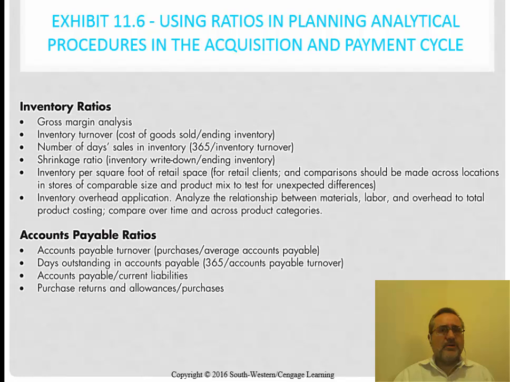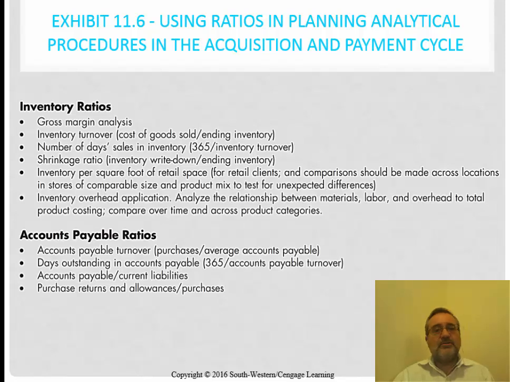I won't go through a lot of these ratios. These are in your books. But the idea is that as we're gaining an understanding of analytical procedures, and keep in mind that we're talking about analytical procedures here in the planning stage, we're not using analytical procedures at this point for our substantive testing.